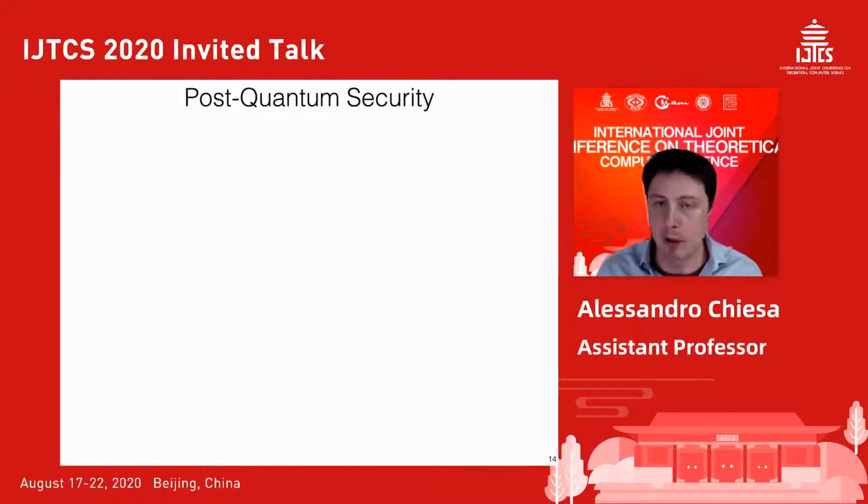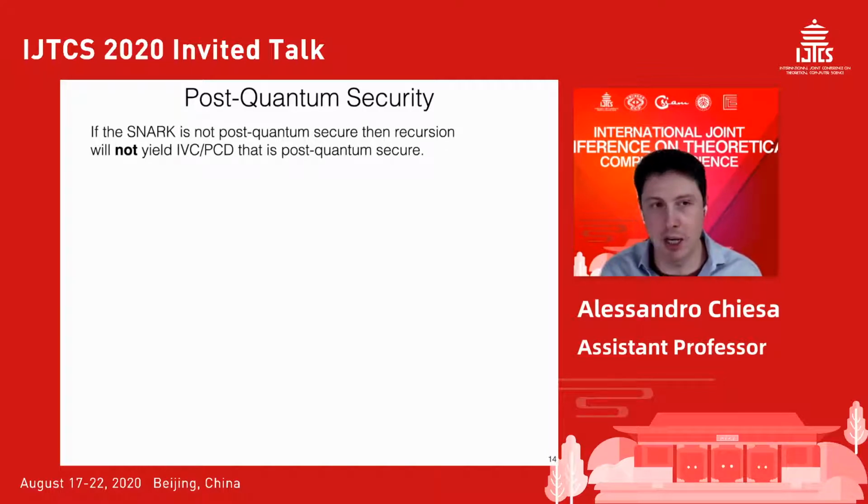Let me say a little bit about post-quantum security. There's also some interesting considerations here from a technical perspective. First, it should probably go without saying that if you start with a snark that is not post-quantum secure, then recursing it is not going to give you IVC that is post-quantum secure, right? So we have no hope.